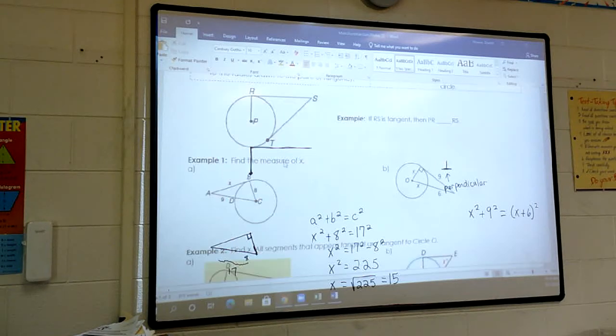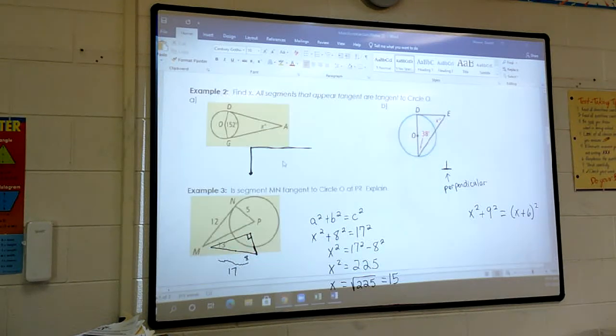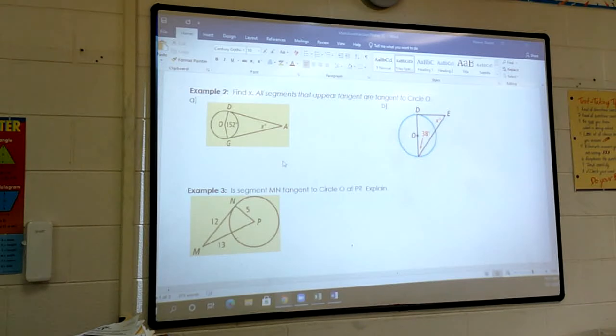Let's move down to example 2 and example 3. Let me erase that other part off the board for you, and we'll move forward. We're just looking to find x. If we notice here, we have an angle that is 152 degrees right there.